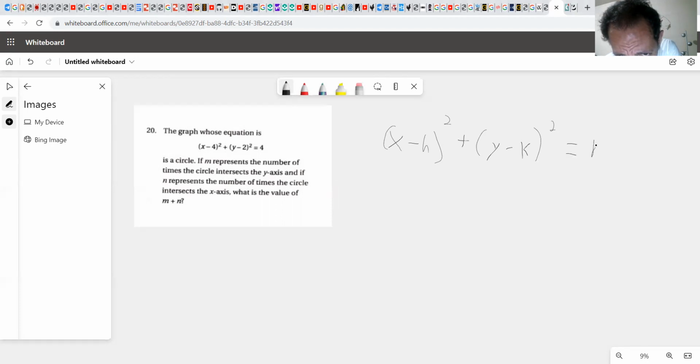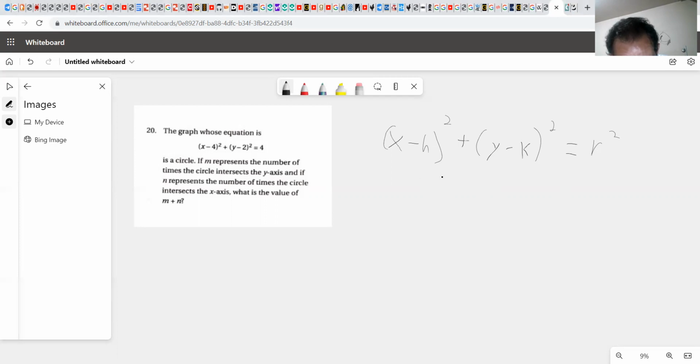The piece of information you have to remember is that the h and the k basically represent the center of the circle.